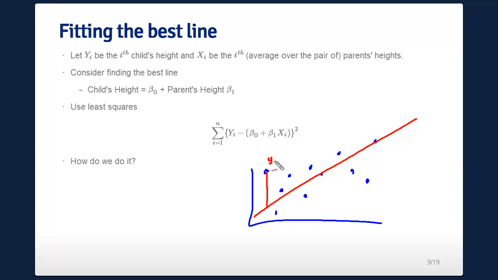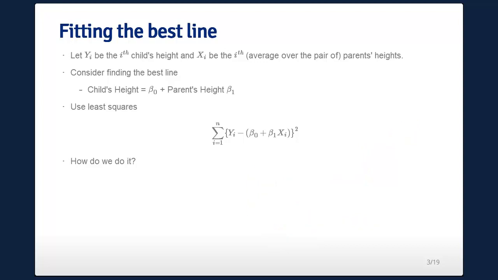This would be yi, and this point right here would be beta naught plus beta 1 xi, and we want to minimize the sum of these squared vertical distances. We square them so that we always have positive things, so that being a certain distance below the line is equivalent to being the same distance above the line.